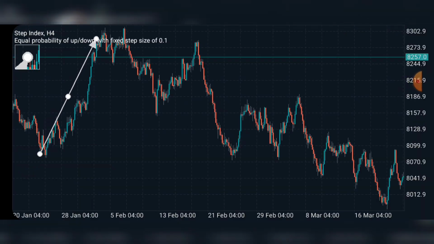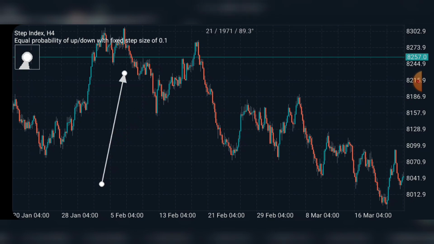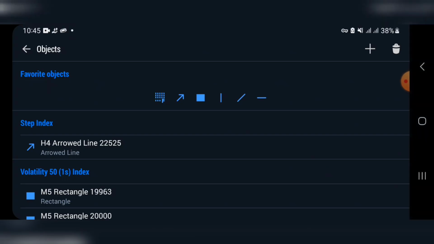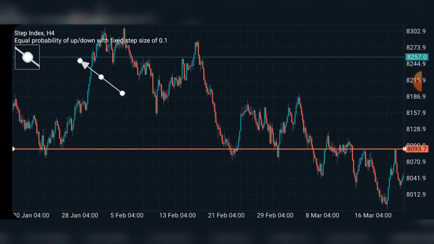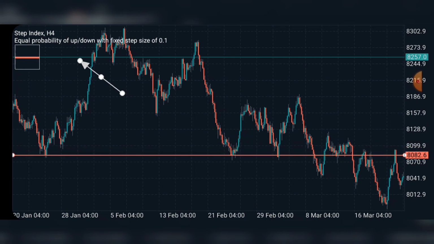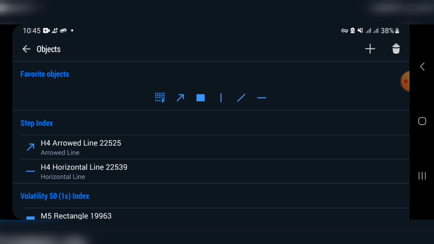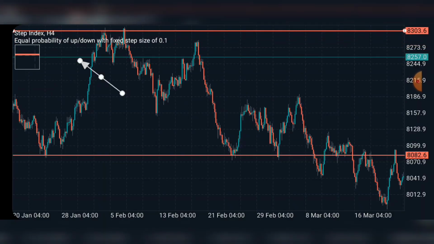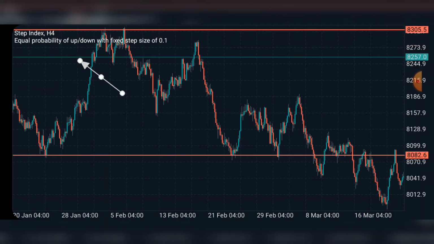From this low right here to this high, this would be a range. Let's mark this out. This would be the most immediate move within the market, based on what we're seeing.